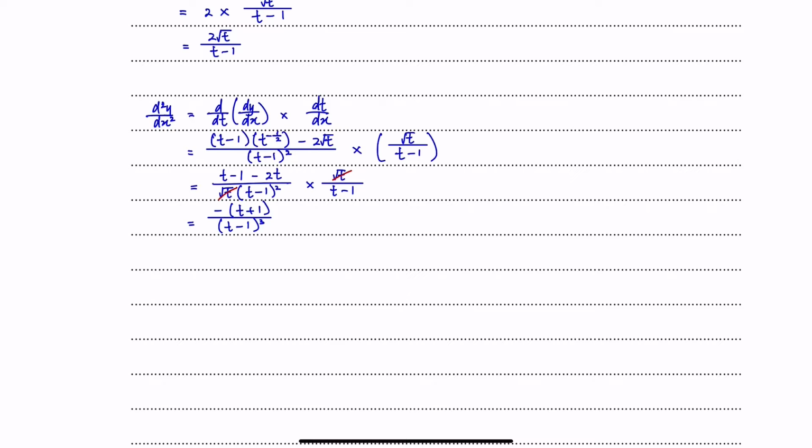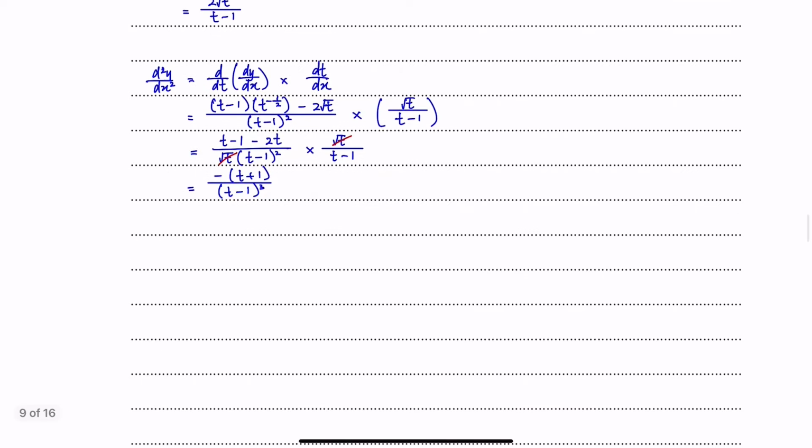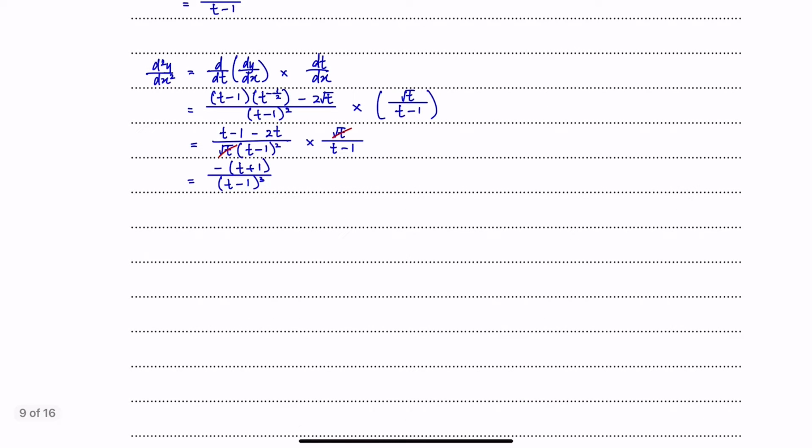And now we need to find the set of values for which this whole thing is more than 0. So we get negative (t plus 1 over t minus 1) to the power of 3 more than 0. We get rid of the negative sign, so we get (t plus 1 over t minus 1) cubed less than 0.